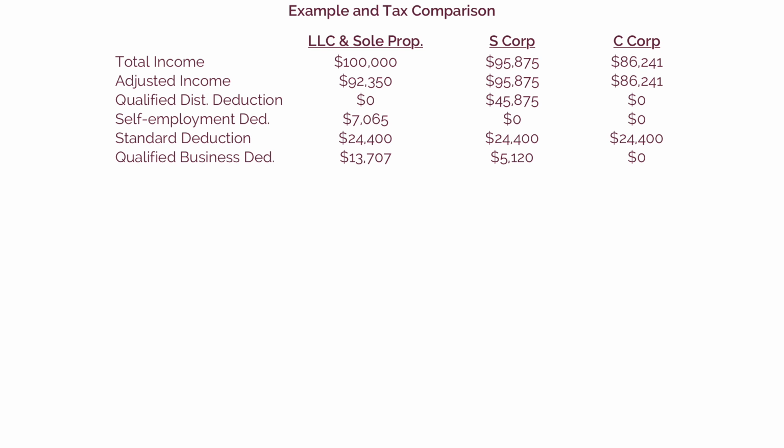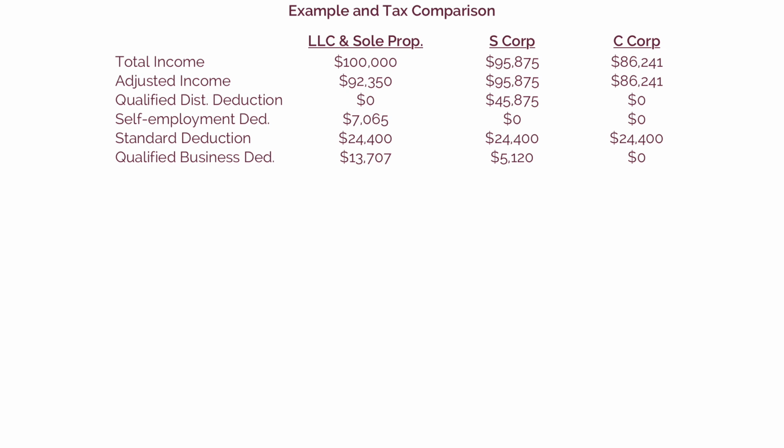Okay, the next step is going to be the qualified business deduction. So for sole proprietors, LLCs, and S corporations, this is a new deduction that comes through from the Tax Cuts and Jobs Act of 2017 from Trump. And for sole proprietors and LLCs, that's going to be $13,707.